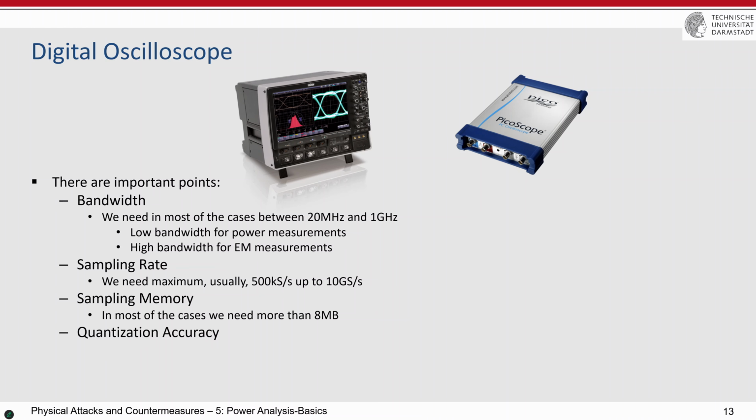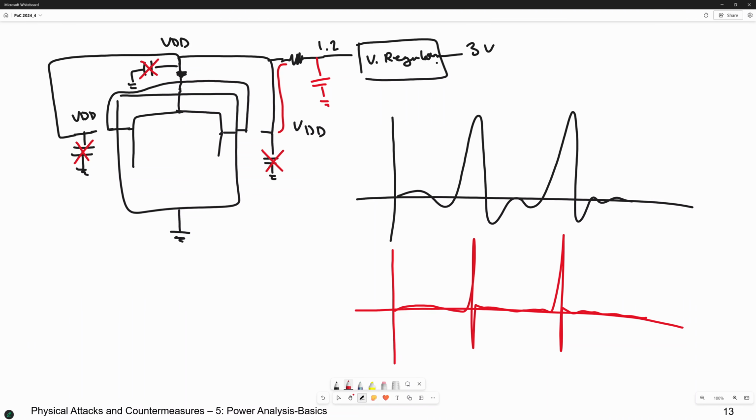Then another one is the quantization accuracy. What is quantization? We are dealing with an analog signal. And what is the ADC? Changing or converting the analog data to digital data.